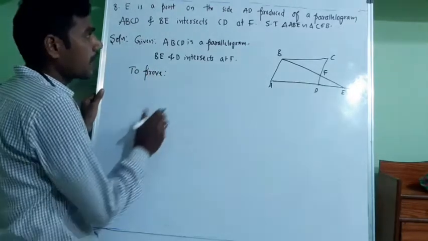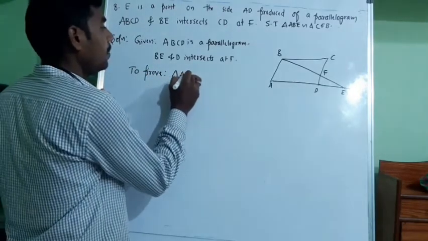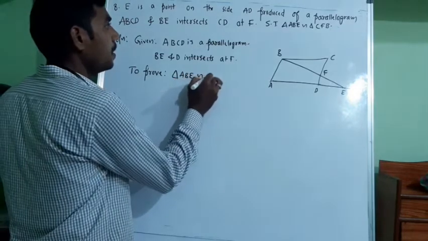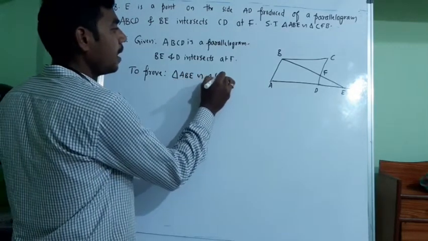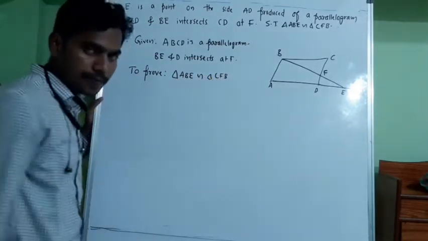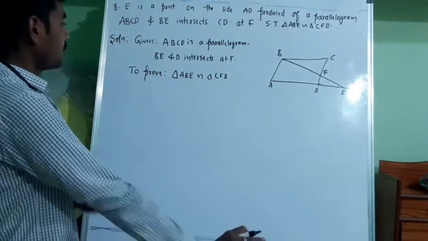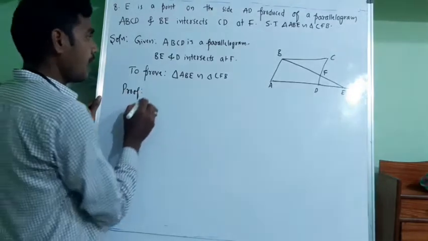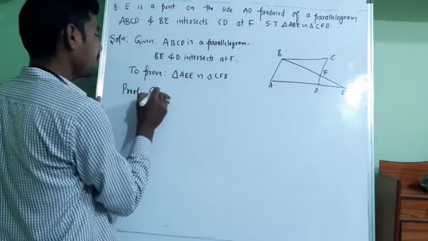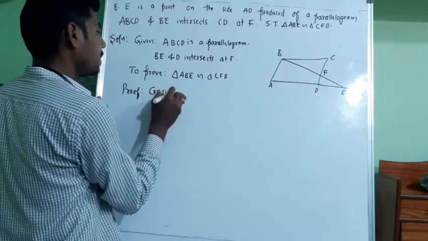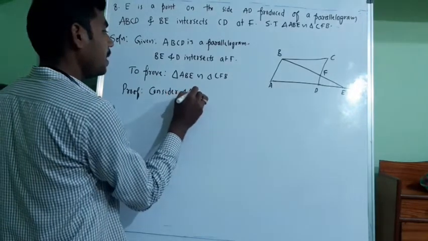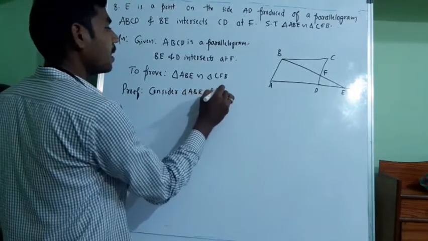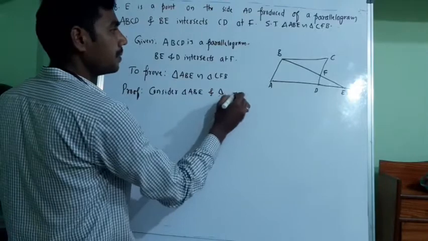We need to prove triangle ABE is similar to triangle CFB. Fine. Next. So proof. Consider triangle ABE and triangle CFB.